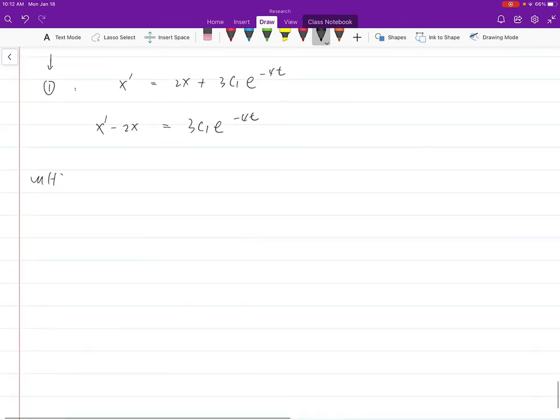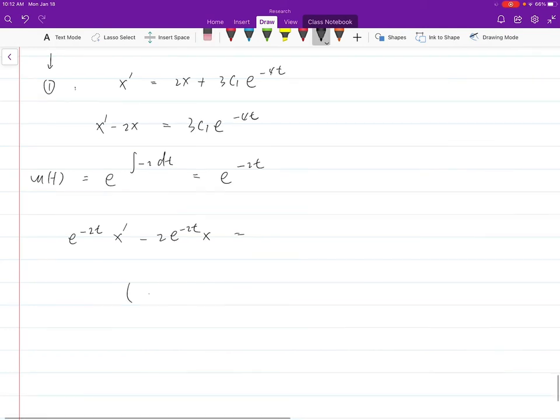We need an integrating factor, mu(t). Multiply on both sides. Okay, the left-hand side becomes a nice, perfect product rule. That's what we want. The right-hand side, you combine e to the -4t and -2t together, it's -6t.